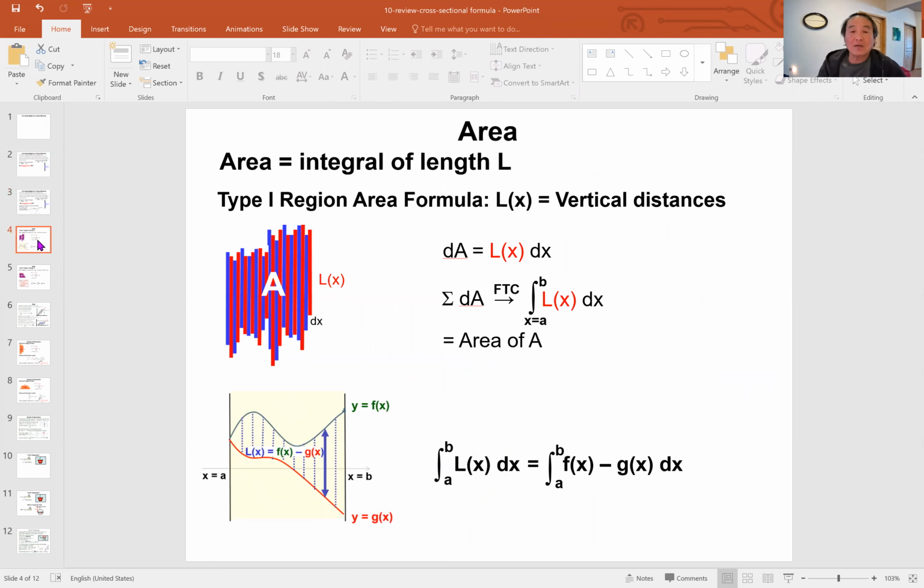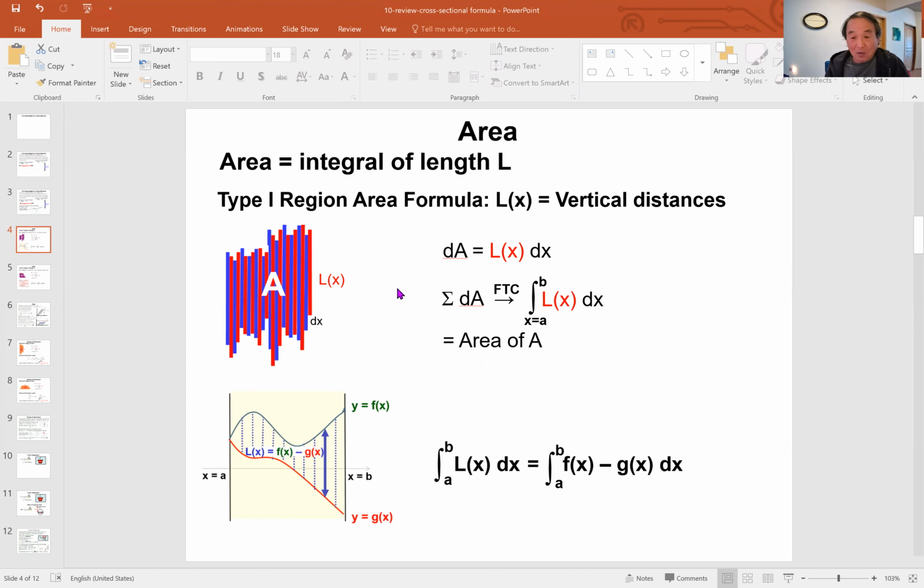So first, area is the integral of length, basically. Here the area is made up of vertical lengths, so we call this type 1. Suppose I know the vertical length of each one of these strips, I call it L of x. Then each strip's area is L of x times dx.